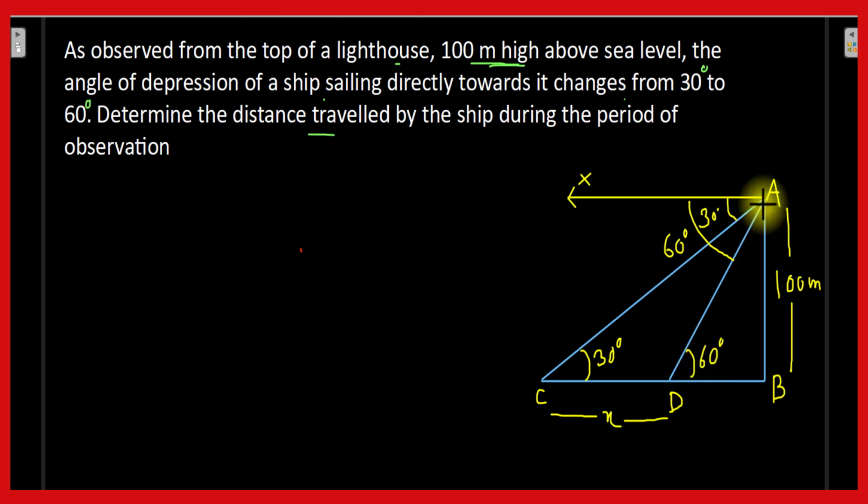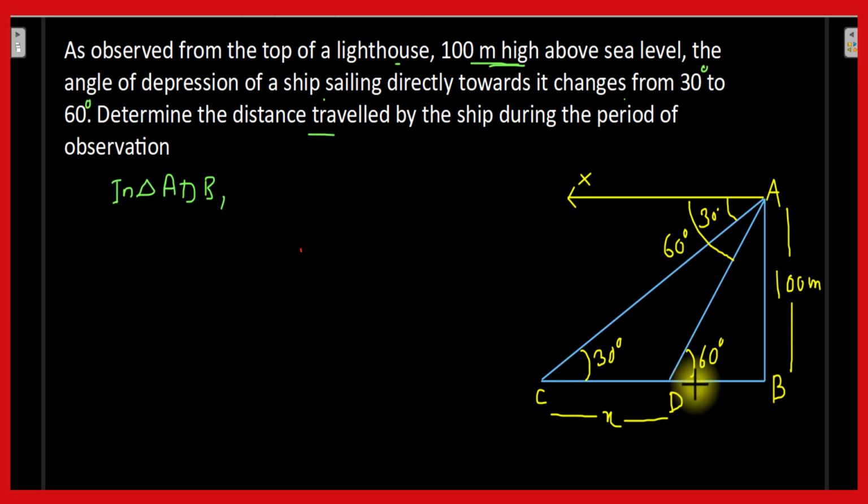Now friends, here we get two triangles: ADB, a right angle triangle, and triangle ACB, another right angle triangle. With the help of these two right triangles, we can find the distance between C and D. First we will take triangle ADB. Here we have tan 60 equal to opposite upon adjacent.